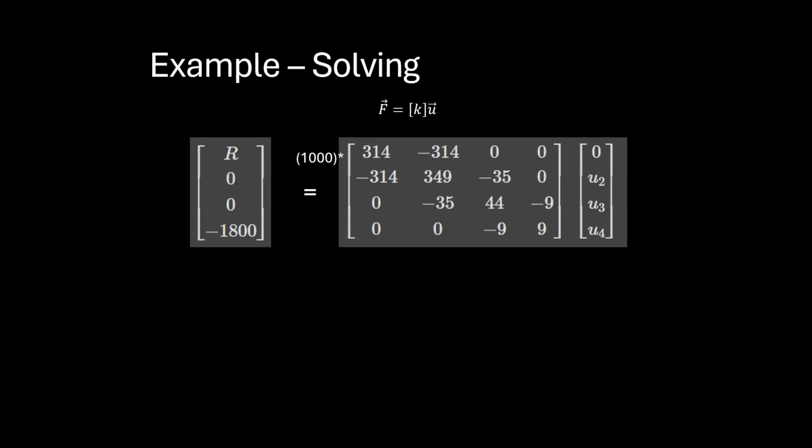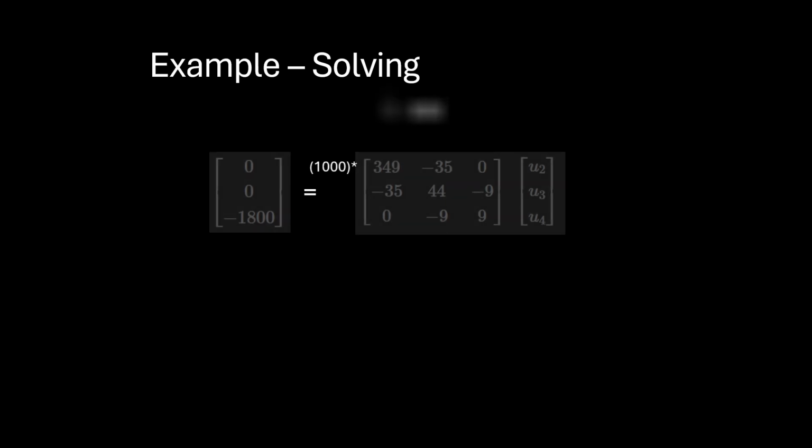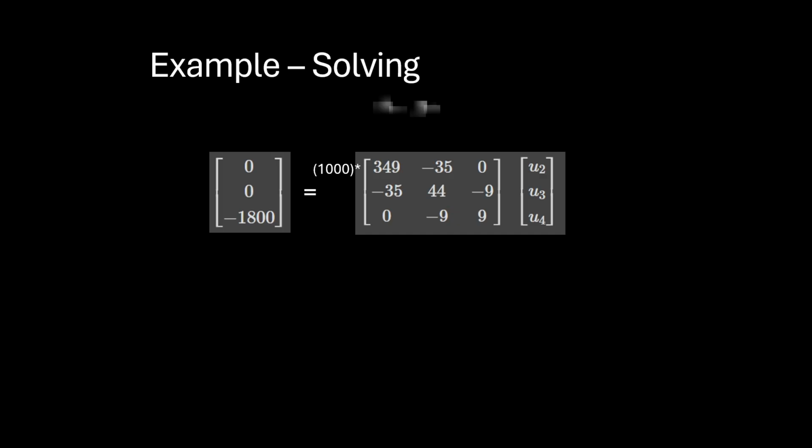So what we're going to do is partition the matrix. Basically, we're going to cross out all the values associated with the unknown in the left-hand side and solve everything else. I promise this is real. Look it up. I didn't believe it was real when I first learned this, but it totally is, so that's pretty sweet. This is what our equation looks like now with our reduced F equals KU vectors and matrix.